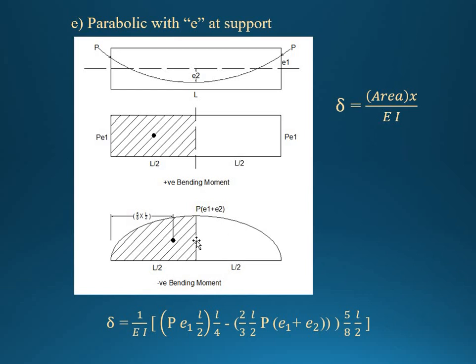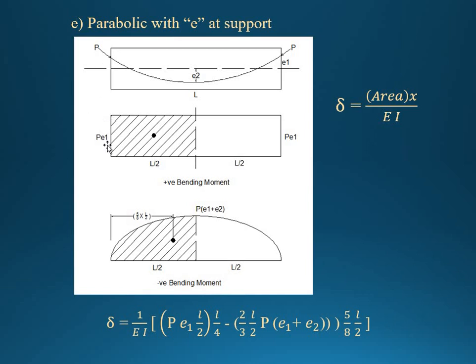Next is for this parabolic profile. The bending moment will be parabolic, but here the important thing is you can observe the maximum bending moment for this variation is P into E1 plus E2. This is very important.